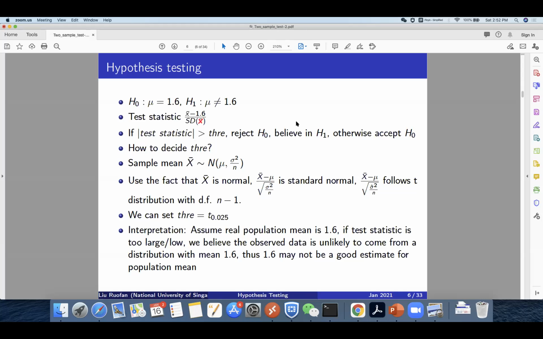Here you see there's an explicit formula to estimate the standard deviation of x bar. So we don't need to sample many subsets and then compute many x bar. Actually we can estimate this based on only one x bar.